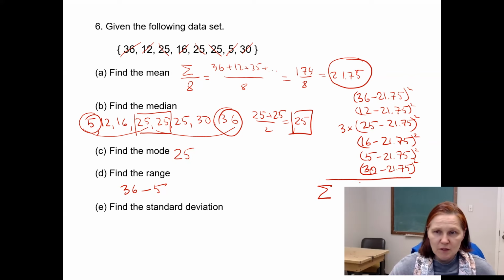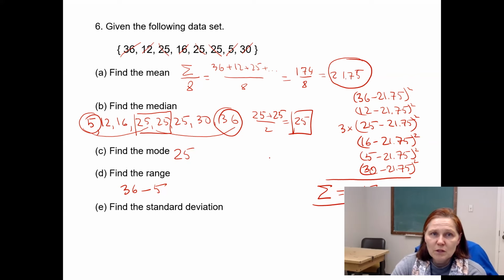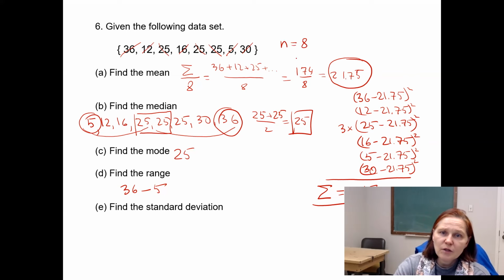It is recommended to do it a couple of times to be sure, because there are a lot of steps. I have done it only once and got 711.5. Then we divide by, not the number of elements. The number of elements is 8. We divide here by 8 minus 1. So we divide by 7.